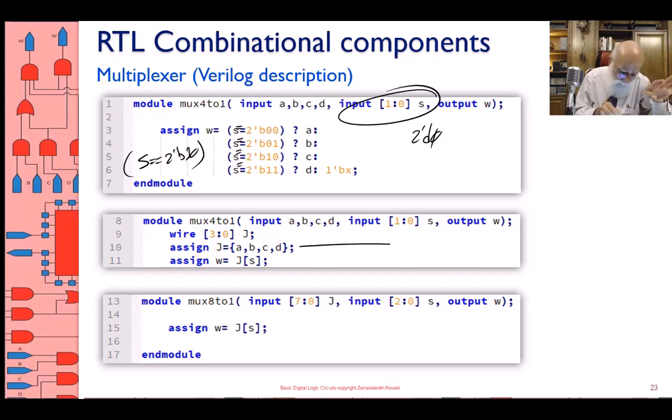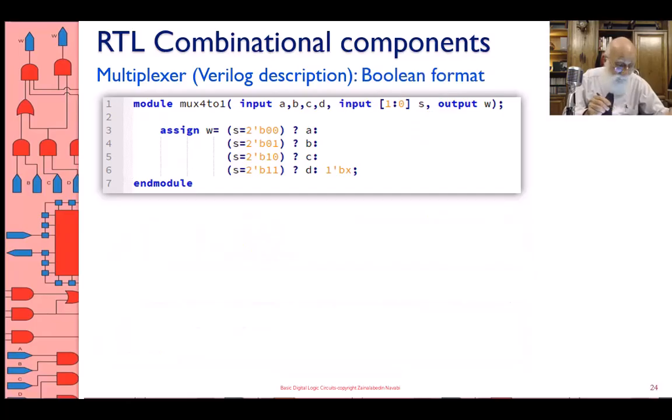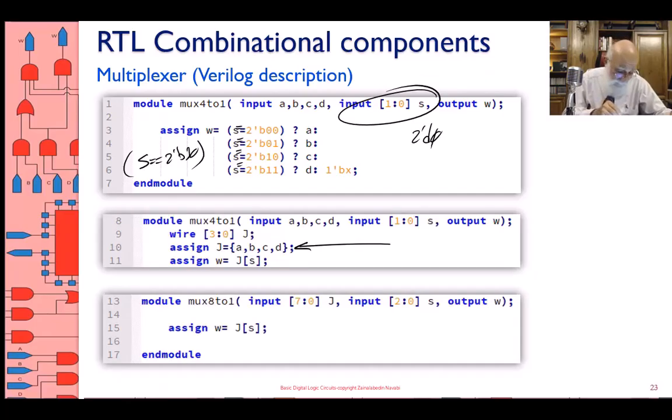So J is a 4-bit vector, and the 4-bit vector J consists of A, then B, then C, then D. Okay, and then I take S and index J. So J is indexed by S if S is 0.